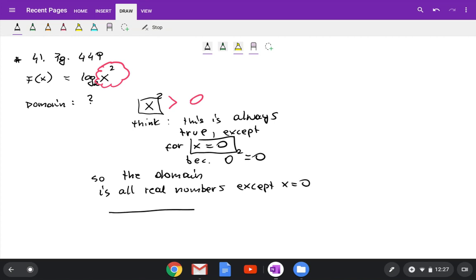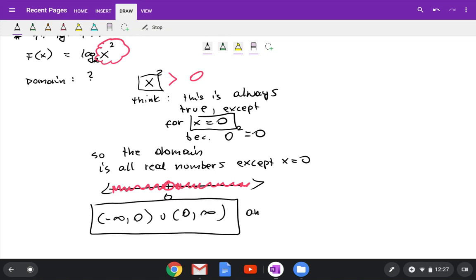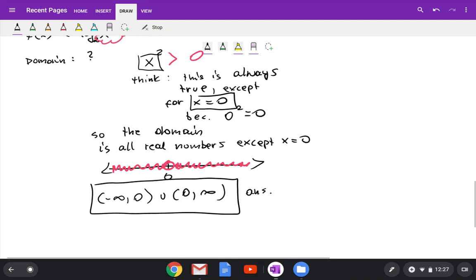So all real numbers except x equals 0 is our domain, because when x is equal to 0, you square that, you're getting 0. That's what we don't want. Using the interval notation, you will write this down as negative infinity to 0 union 0 to positive infinity. So that will be the answer. And again, I really prefer interval notation.